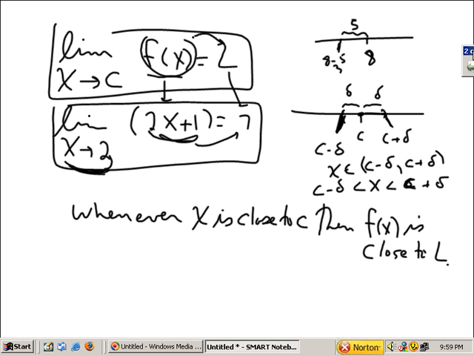But we can say that a little bit differently. If we take away c from all three sides, when I take it away from the left, I just get negative delta. When I take away c from the middle, I get x minus c. And when I take away c from the right side, I just get delta.